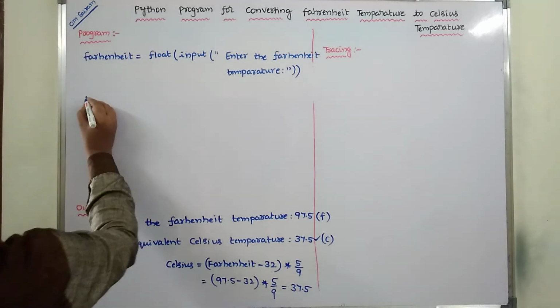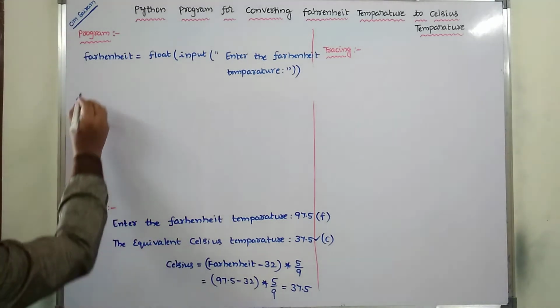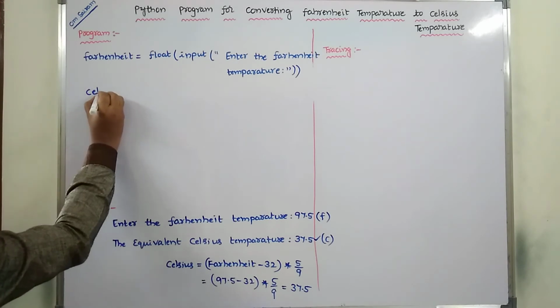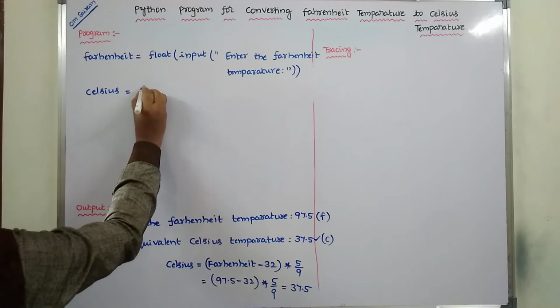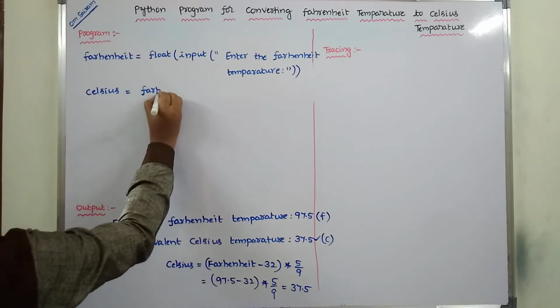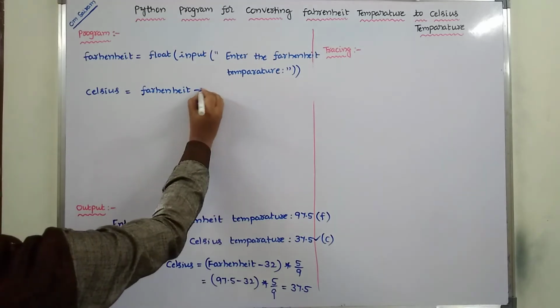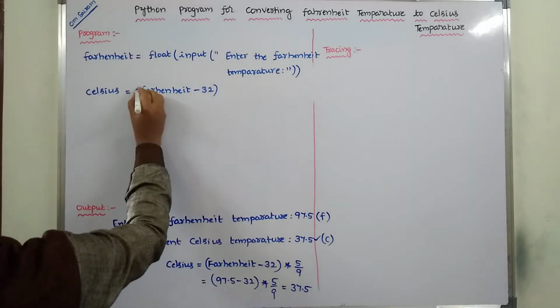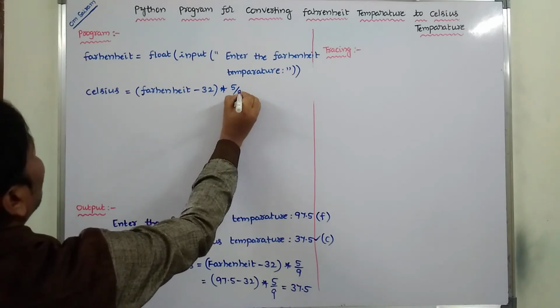Now we have to find the equivalent Celsius temperature. So Celsius is equal to Fahrenheit minus 32 into 5 by 9.